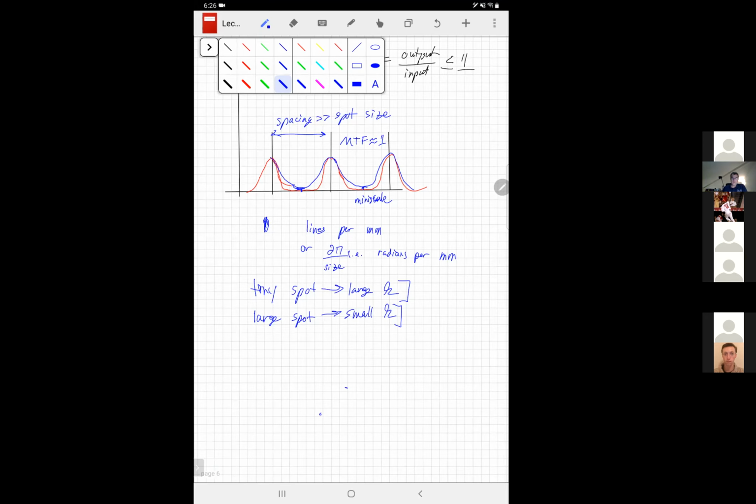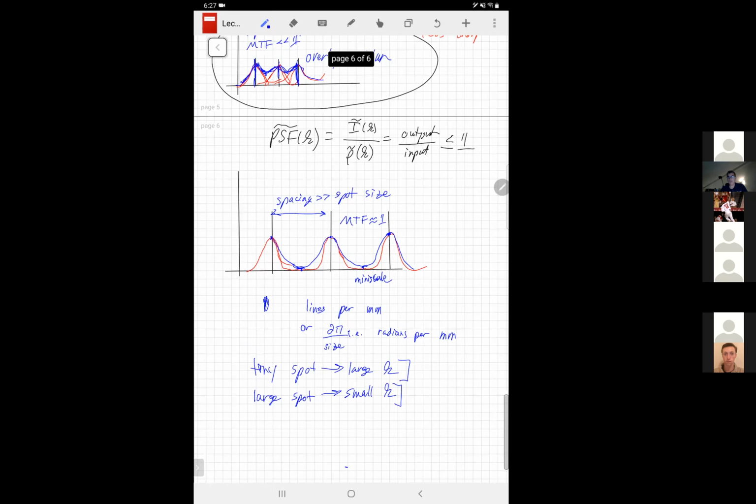So again, the basic idea of modulation transfer function is if your input was some oscillation with whatever amplitude, your output, your image, will be an oscillation with a different amplitude, probably a smaller amplitude. How much smaller? If it's essentially the same amplitude, that would be like the case of objects that are much farther apart than the size of your point spread function.